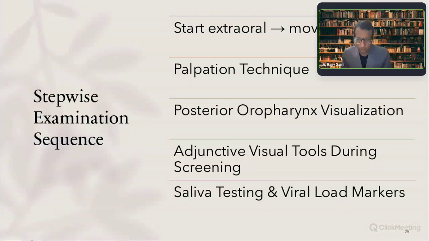These tools only help guide attention but cannot make the diagnosis. So we have to make sure that we as dental professionals, especially dental hygienists, rely on clinical skills, palpation methods, and overall clinical judgment, which are very critical for the diagnosis of a disease.